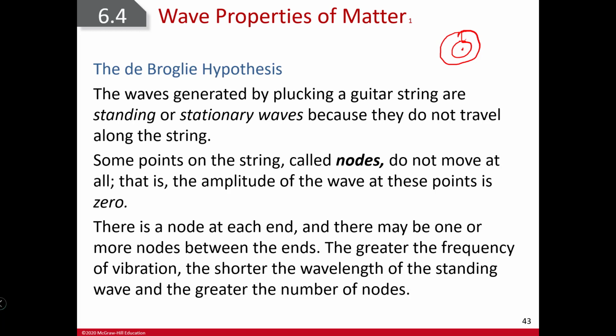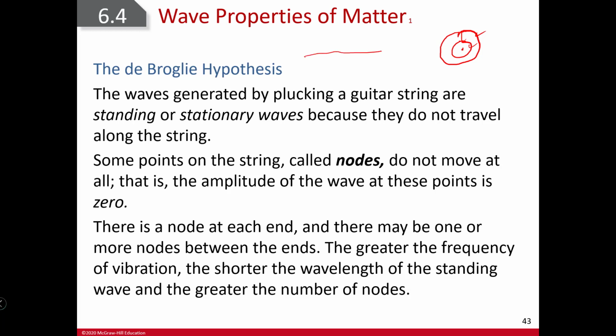So de Broglie tried to help Bohr out. He said, okay, I can tell you why this orbit is allowed and this orbit's allowed, but nothing in between's allowed. He said, an electron can behave like a wave and a particle. And so he talks about when you pluck a string, you have places where you get a vibration. So let's look at it.